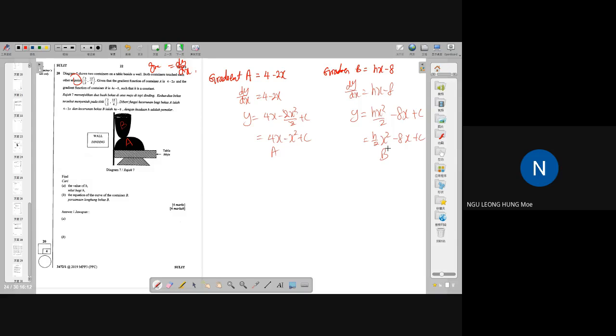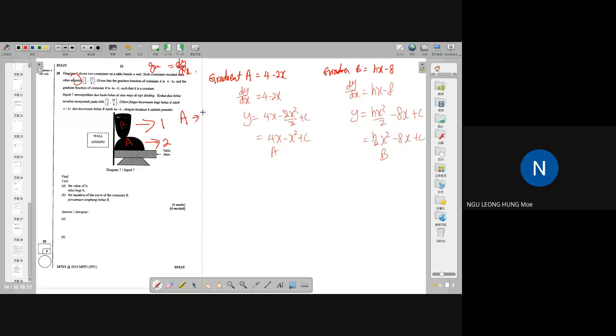Okay, Darren and Izzat, once again choose. This one is container A, container 1. This one is container 2. Who says container 1 is A?